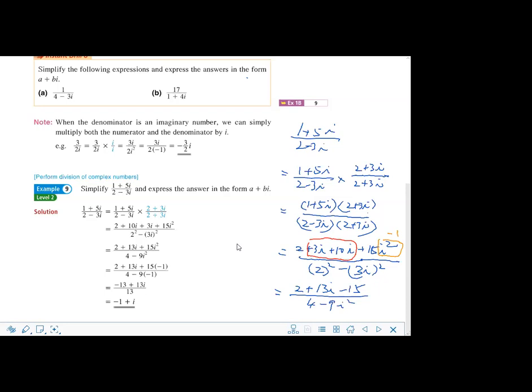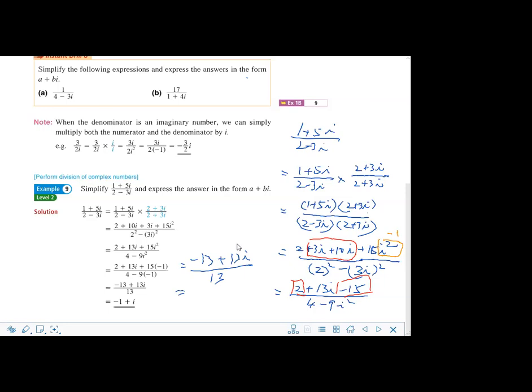Okay, and what is remaining on the top is, again, so we have two like terms. 2 minus 15 are like terms, can be calculated. It is -13 plus 13i. And then 4 minus 9i squared. The i squared is changed to -1, so it becomes 13.